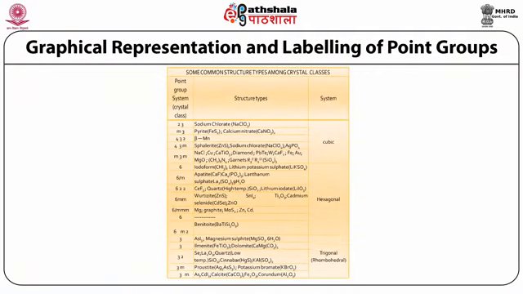Similarly, in Table 4.3, you can see under the cubic system, the hexagonal system, the trigonal system, or the rhombohedral system, the crystal classes are shown there in the respective columns, and corresponding to these, common crystal structures among these crystal classes are given.